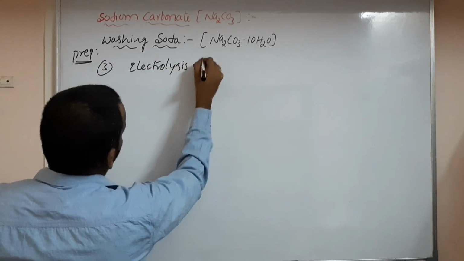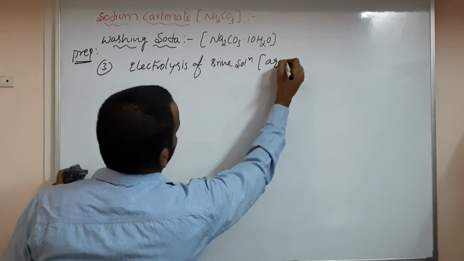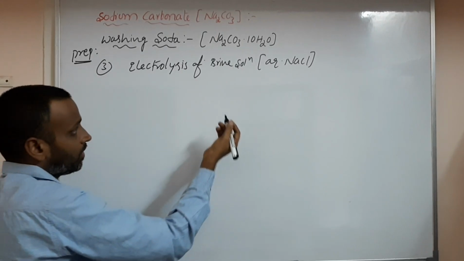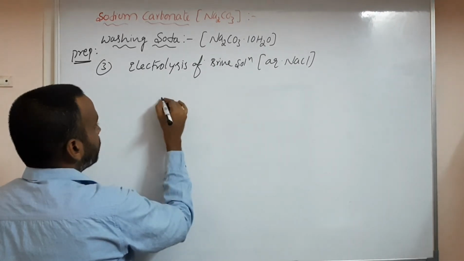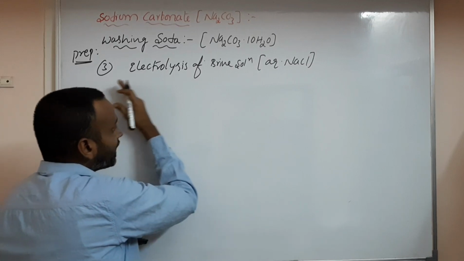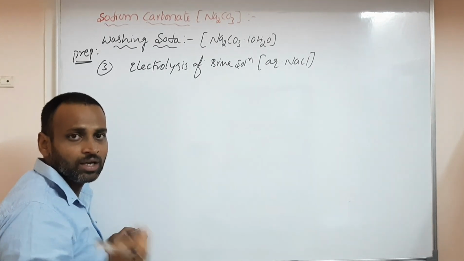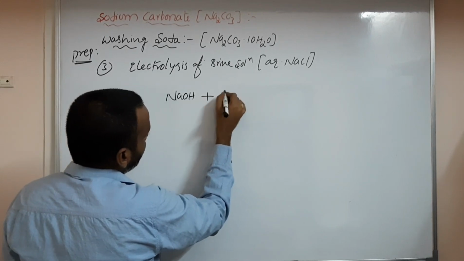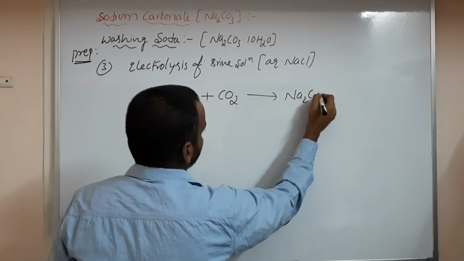So the third preparation is electrolysis of brine solution. Brine solution means aqueous NaCl. On electrolysis of this aqueous NaCl, using the Nelson cell or Castner-Kellner cell, you will get NaOH. The formed NaOH, if you send carbon dioxide, you will get Na2CO3 plus H2O.